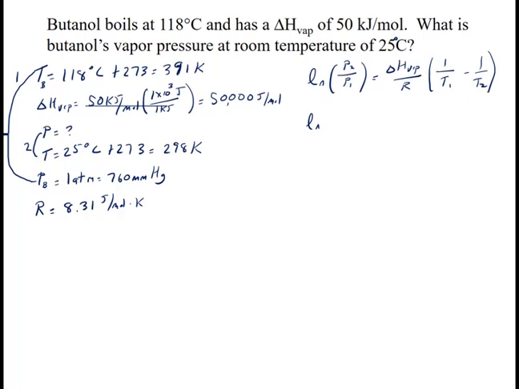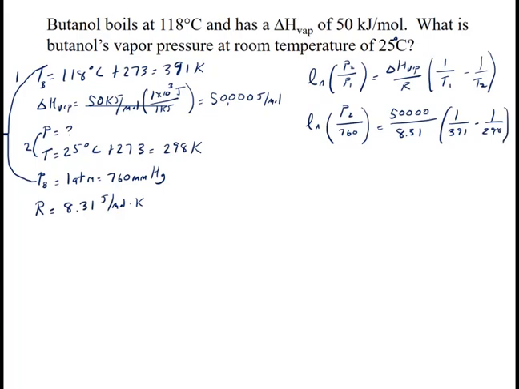So P2 is what I'm going to be solving for. P1 is 760. My delta H of vaporization was 50,000. R is 8.31. My first temperature is the 391. And my second temperature is the 298.